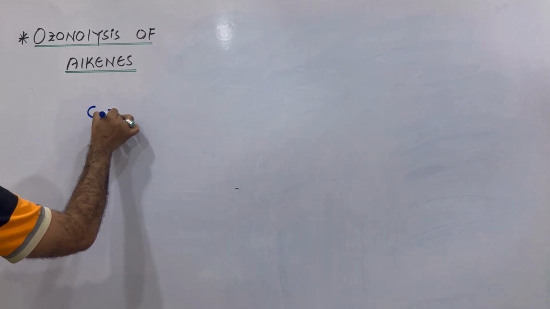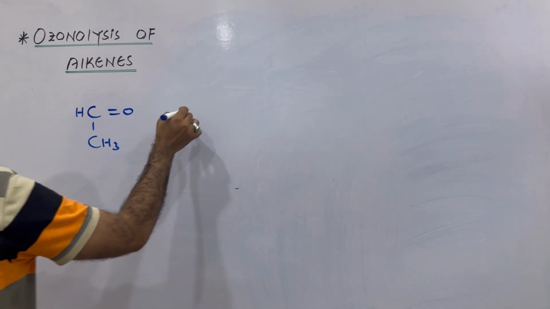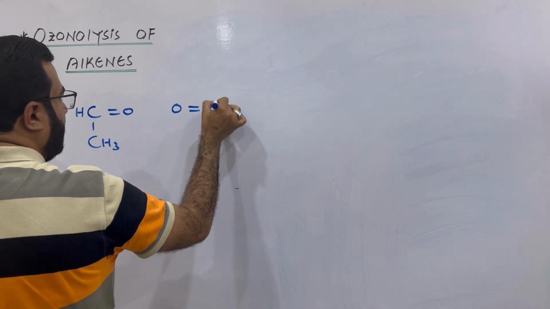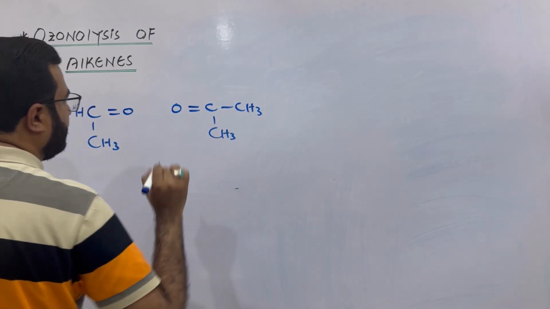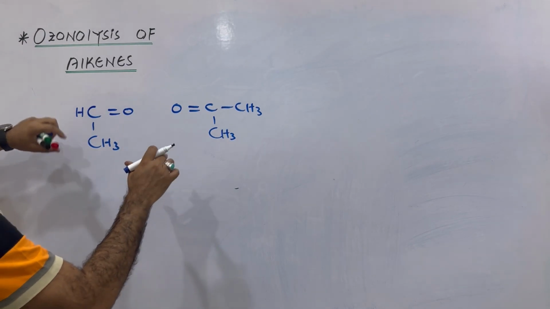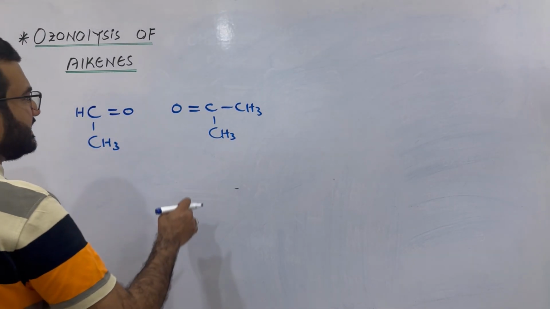Suppose that we have acetaldehyde and acetone as products of the ozonolysis, and you are required to determine the alkene from which these two products are obtained after ozonolysis.